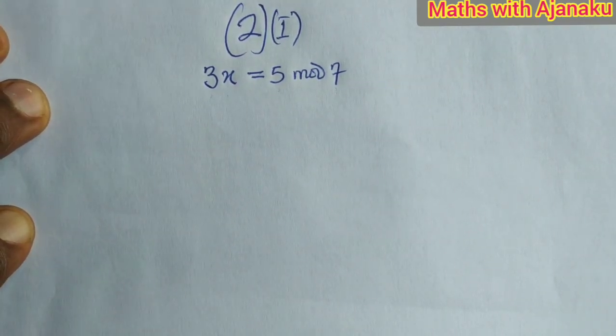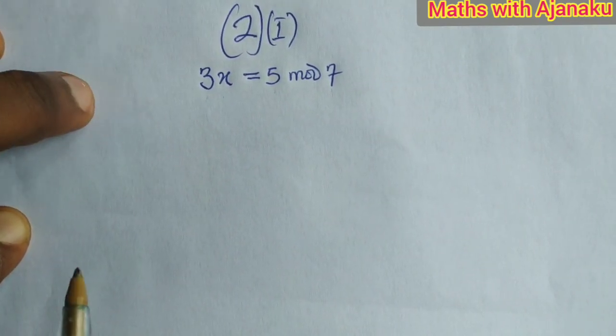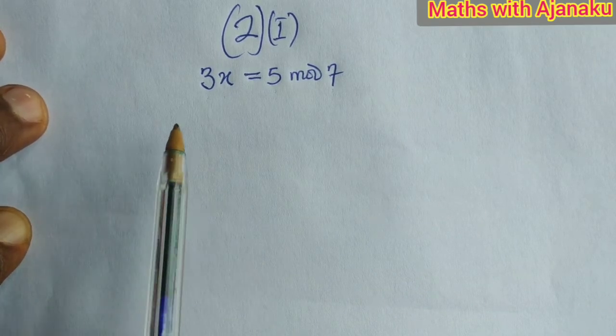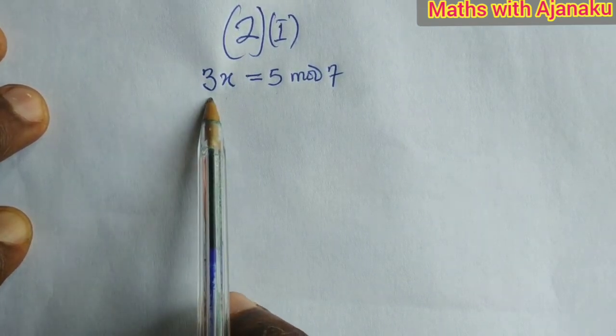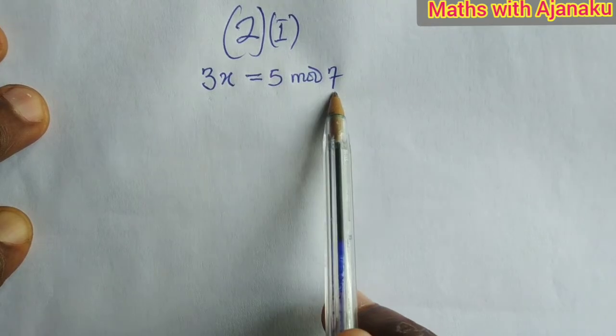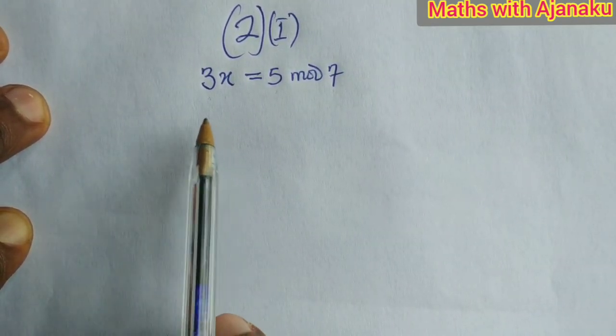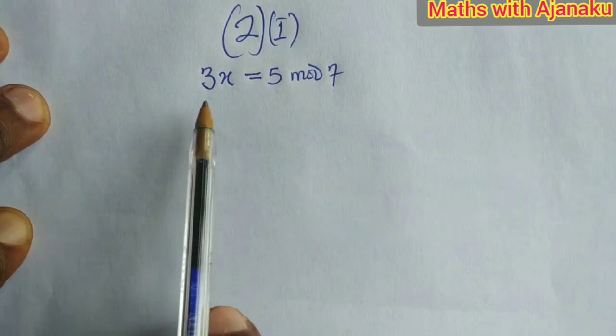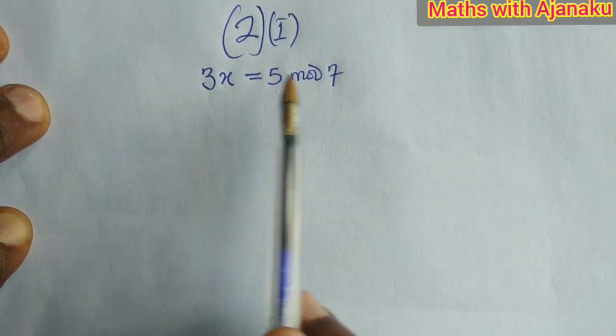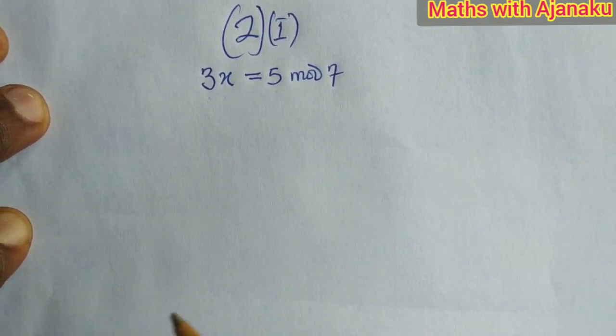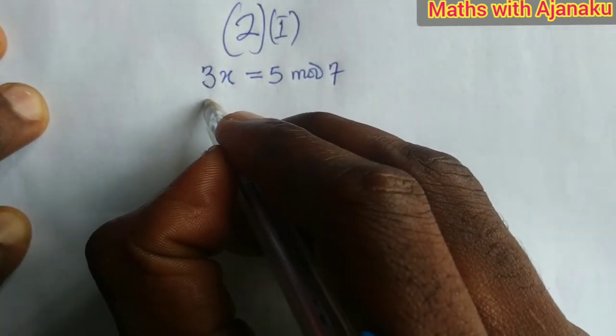So to proceed, the only thing we can do is to multiply by the inverse of 3 in modulo 7. If you remember clearly, the last time when we did the inverse, the inverse of 3 in modulo 7 is 5. So I'm going to multiply both sides by 5.